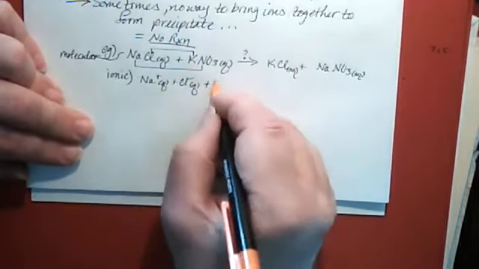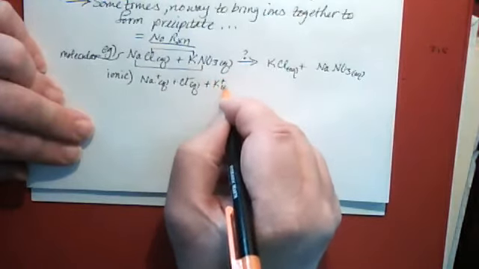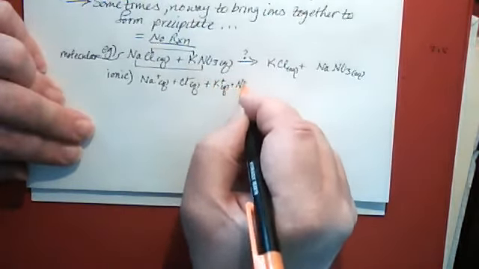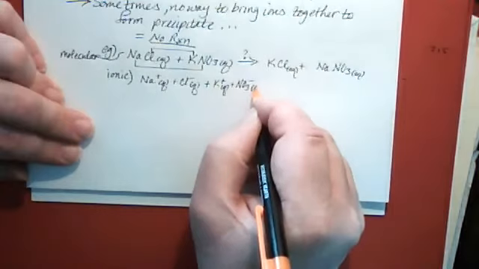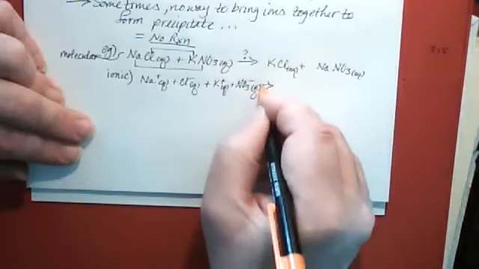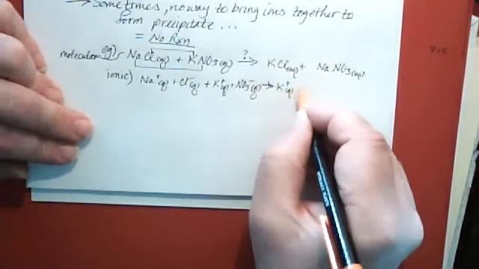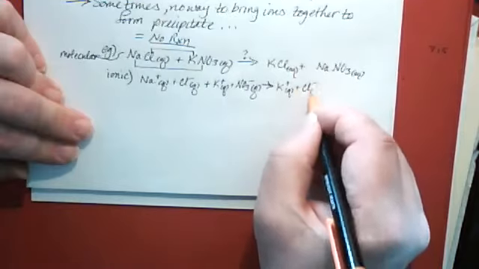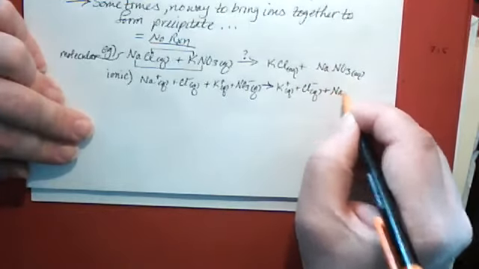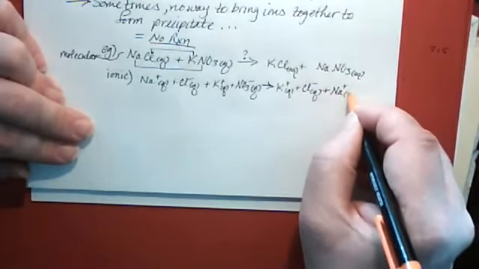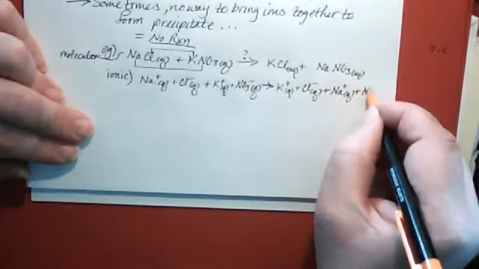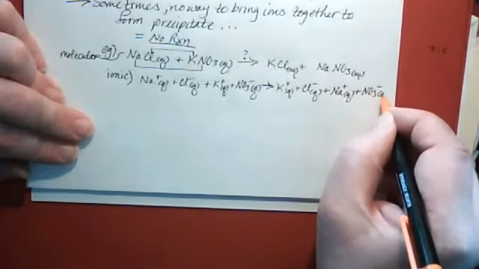That means it's actually present as K+ and NO3- ions. And as for the products, KCl is aqueous, which means it's actually present as K+ ions and Cl- ions. And NaNO3 is also aqueous, meaning it's actually present as Na+ ions and NO3- ions.